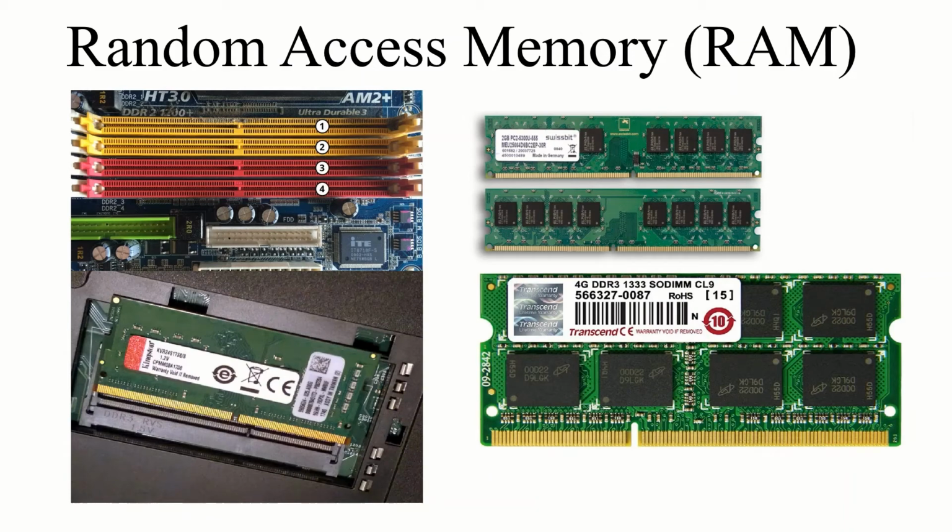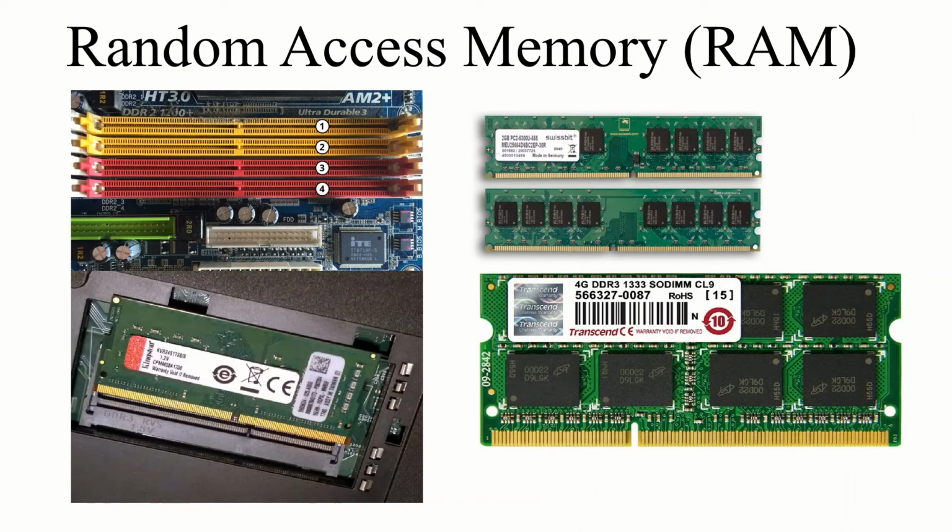If you talk about the RAM history, earlier in the late 90s or early 2000s, we were using SRAM, DRAM, or SDRAM. SRAM was static random access memory, DRAM was dynamic random access memory, and SDRAM is synchronous dynamic random access memory.